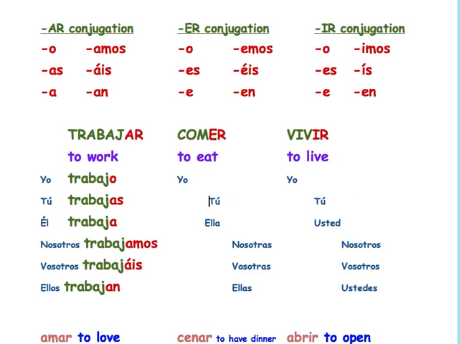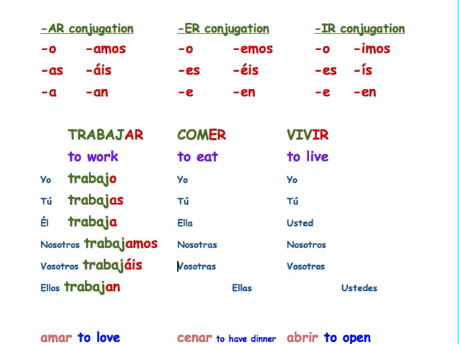And then, let's try one example of er conjugation, like comer, to eat. So, yo, what do you think? Yo como, right? Yo como.